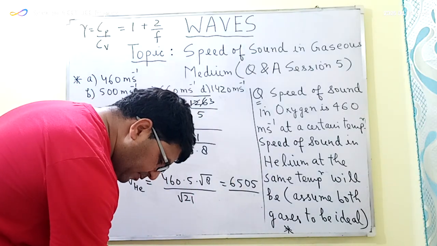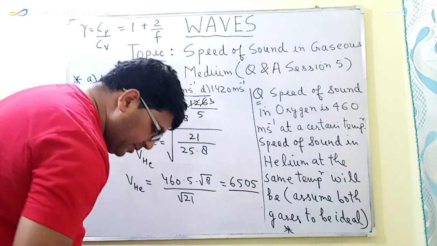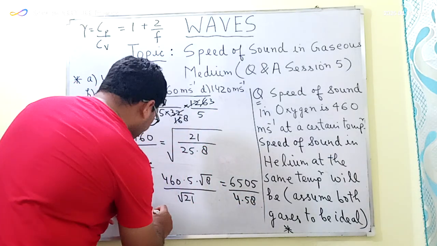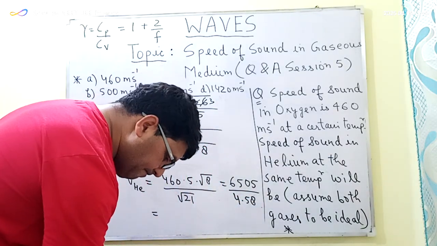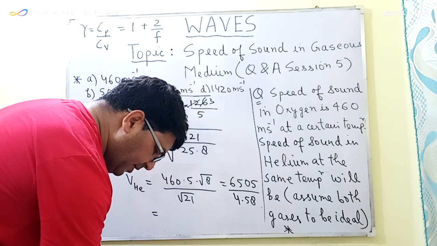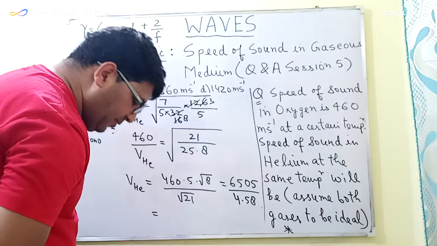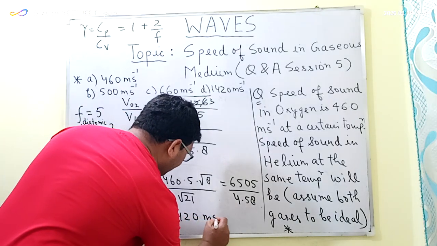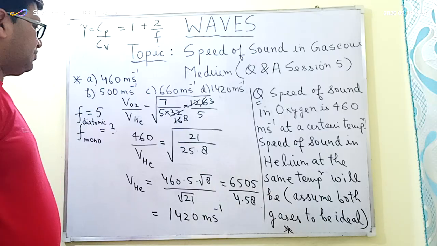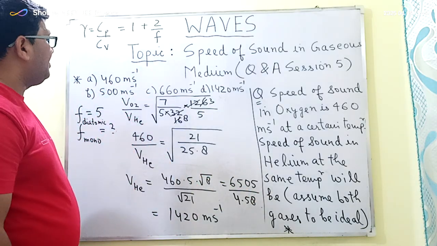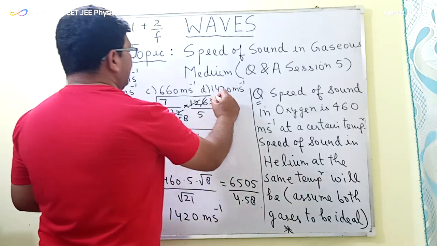Now the value of root 21 is equal to 4.58. So 6505 divided by 4.58 is equal to 1420 meters per second. So the speed of sound in helium will be equal to 1420 meters per second, and the correct option here is D.